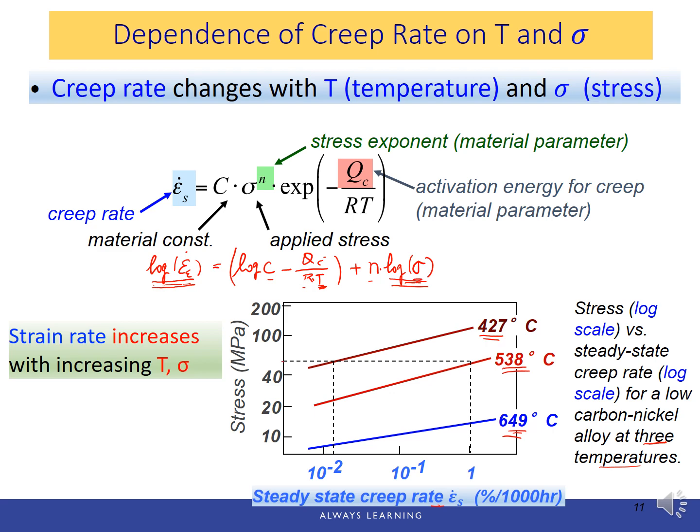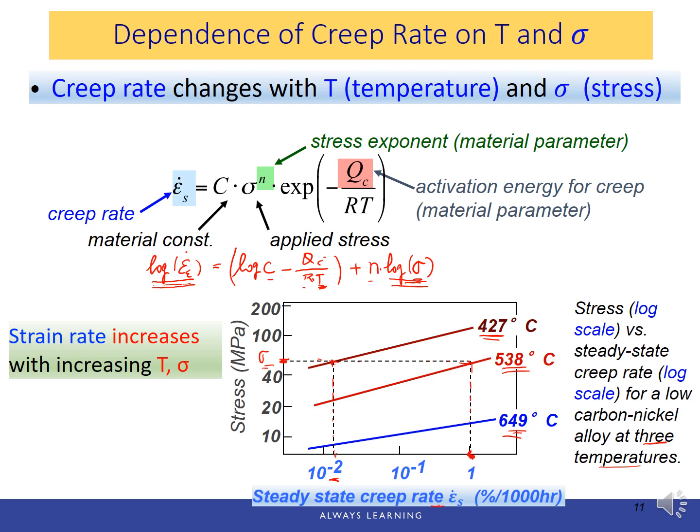From the three lines, we can see that if we keep the applied stress at the same value, for example here, when the temperature increases, the strain rate increases as well. At temperature 427, this is the corresponding strain rate. But for the same stress level at 538, the corresponding strain rate is over here.